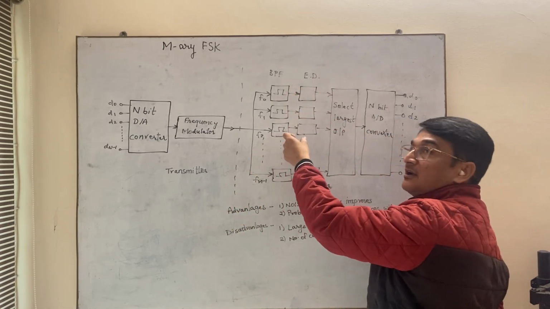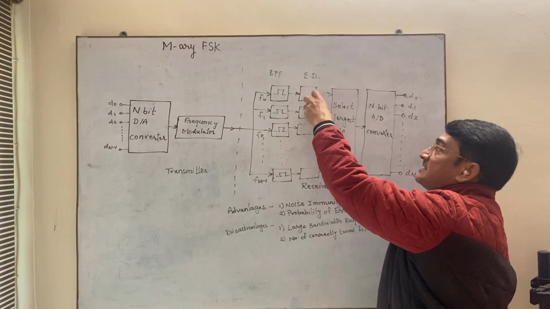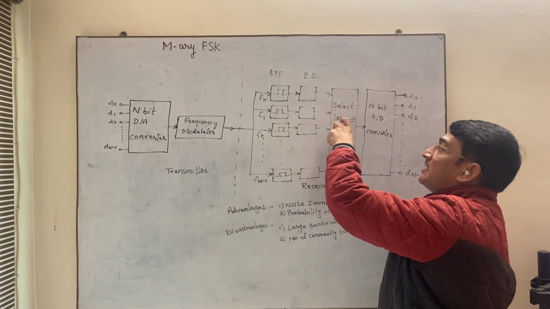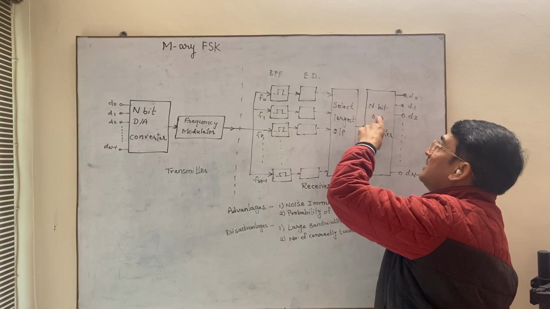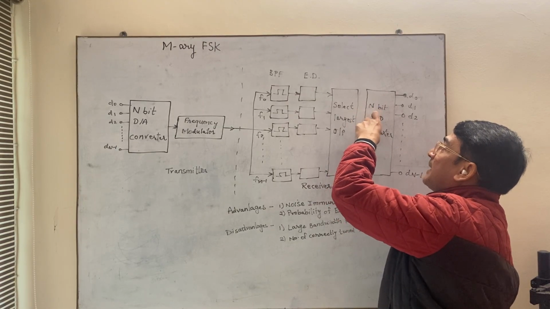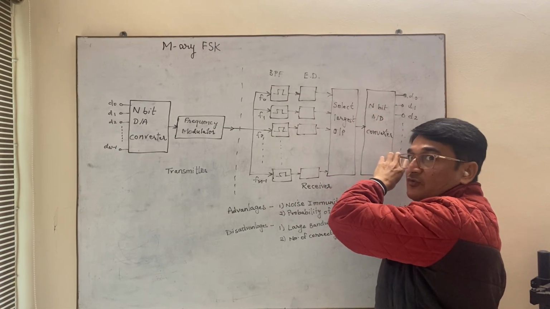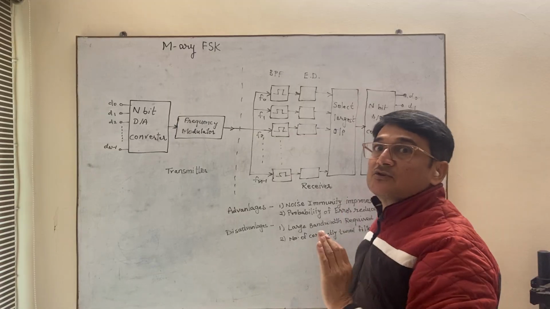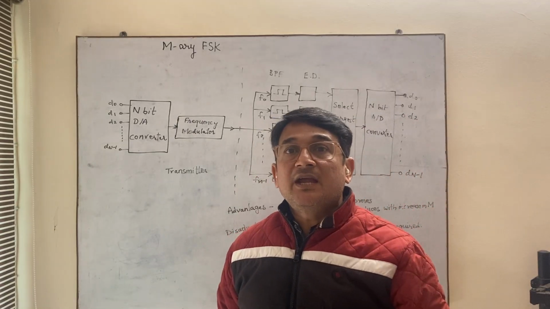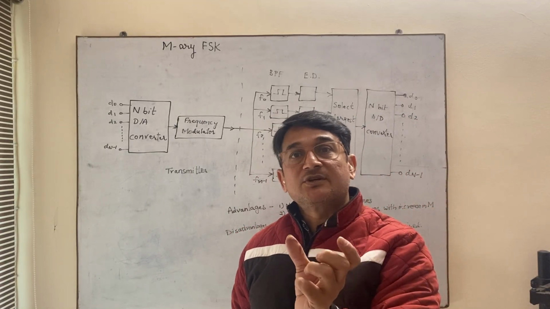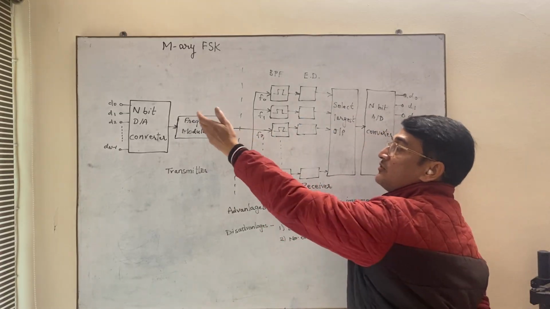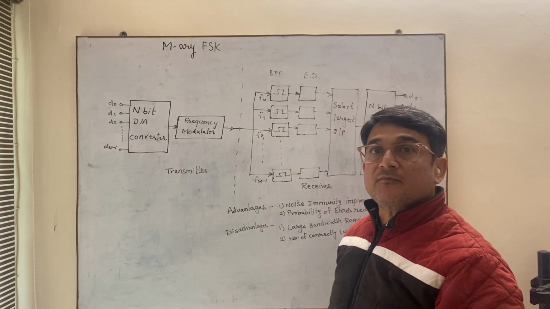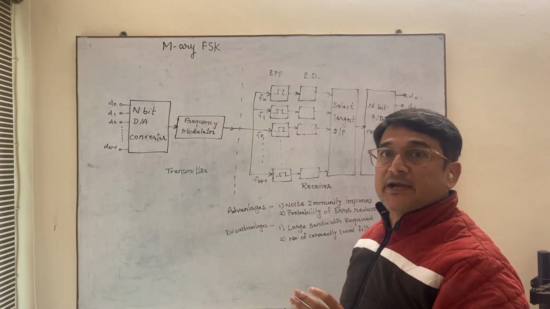The envelope detector will consider that 110 signal and give it to the select largest output block. This output will be converted from analog to digital, and 110 will be received at this end. This way all 8 combinations, from 000 to 111, will be received at the output, which you have transmitted from the transmitter side.